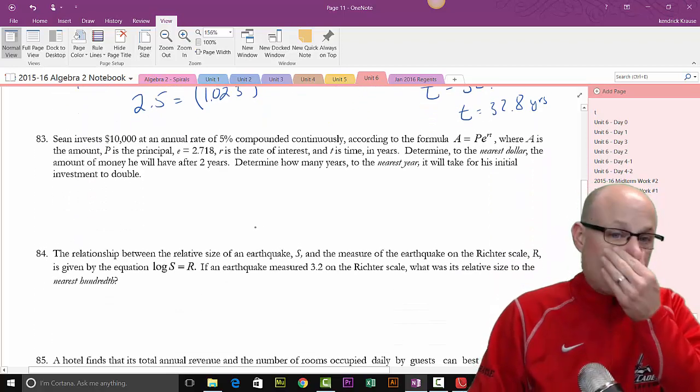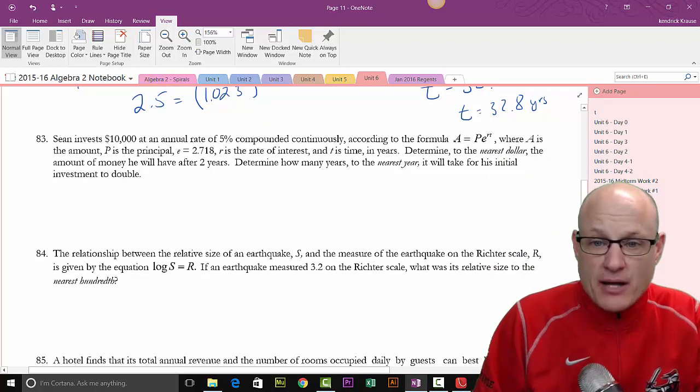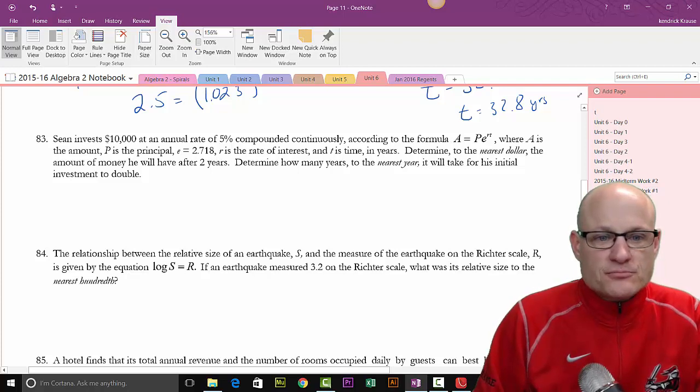Sean invests $10,000 at a rate of 5% compounded continuously. We just use e. Determine to the nearest dollar the amount he will have after 2 years.